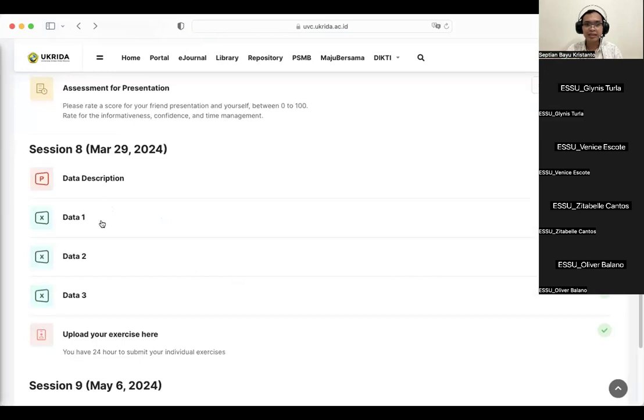I know this is separated into three kinds of data. You can do all of this data, data one, data two, and data three, or you can try with only one data. That depends on you, it's up to you. But the key point and the goal of this session is that you can use the formulas in Excel.